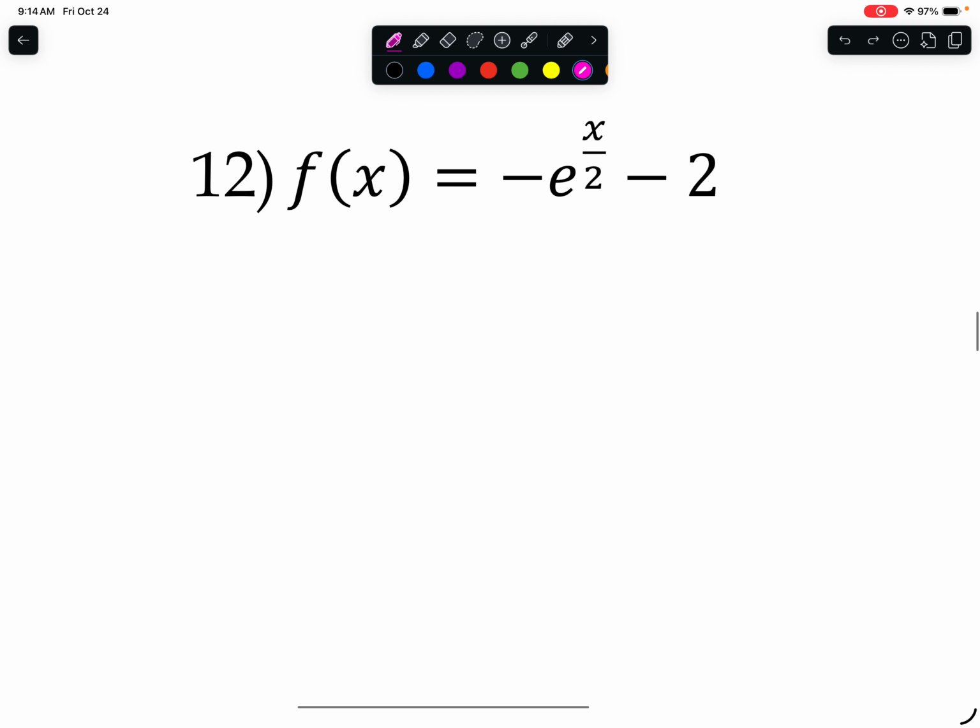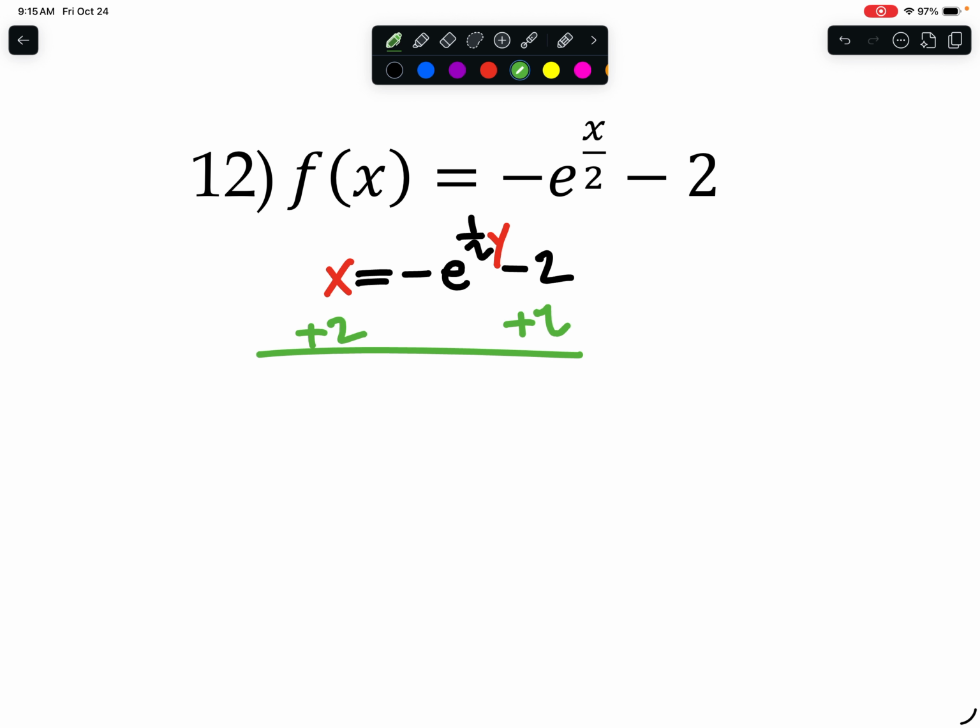All right, and then number 12, same idea. I'm going to go ahead and rewrite it and do x equals negative e raised. I'm going to write this as 1/2 y. Same thing. Okay, and then as said before, isolate your exponential or your log, whatever you're trying to solve for.